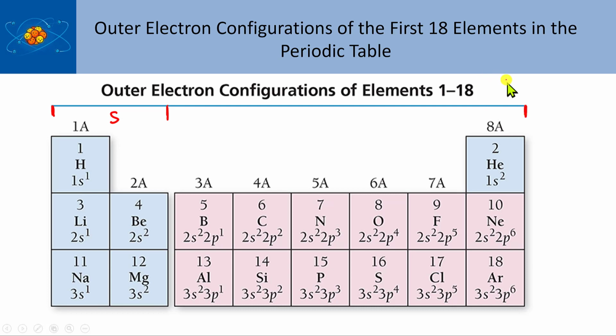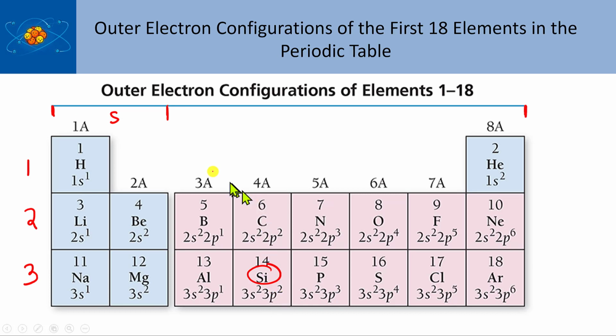So let's say you're doing the electron configuration for silicon right here. Well, this is energy level 1, 2, and 3. So I can write the electron configuration of silicon because I know it's ending in P2.